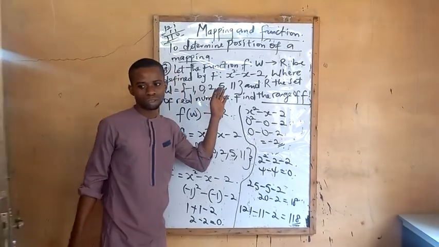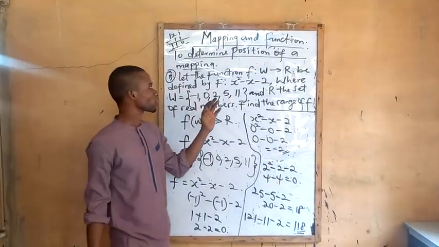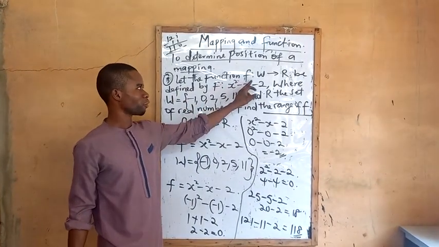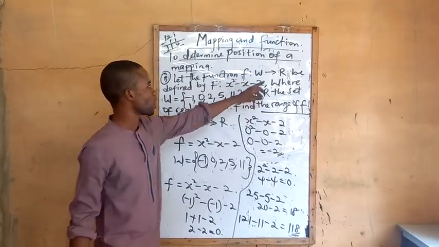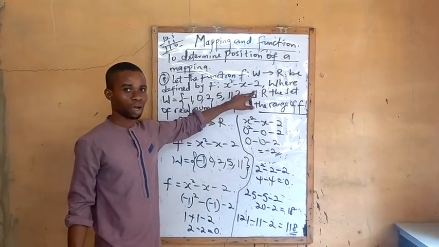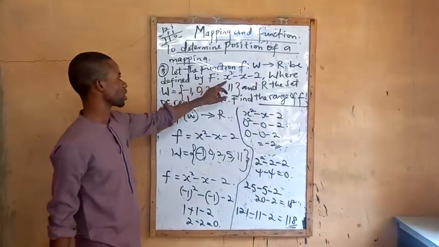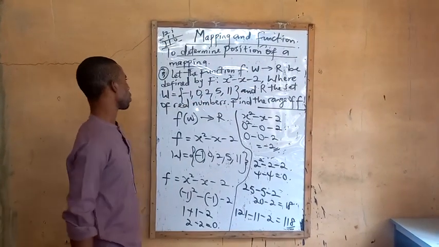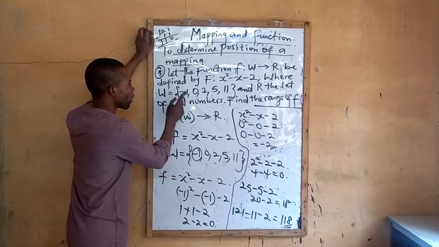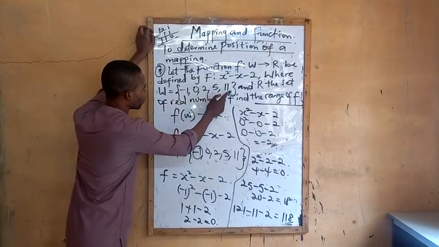According to what they asked for, let the function f of w be given by this. That means we are given our function, x squared minus x minus 2, where we are given the members of w to be minus 1, 0, 2, 5, 11.